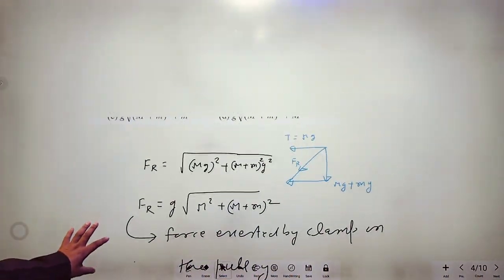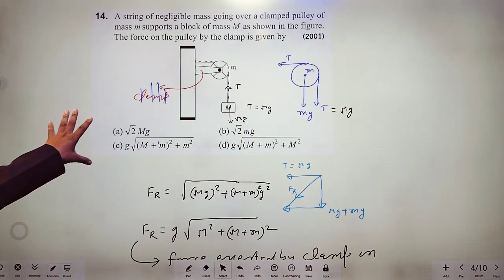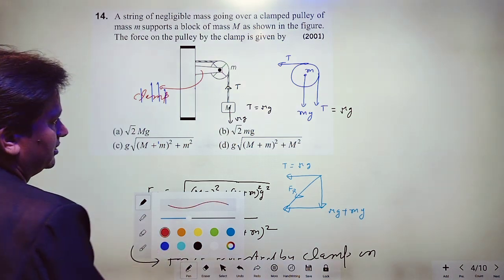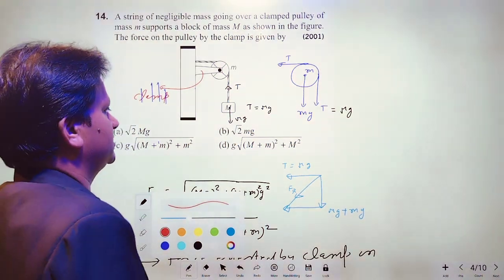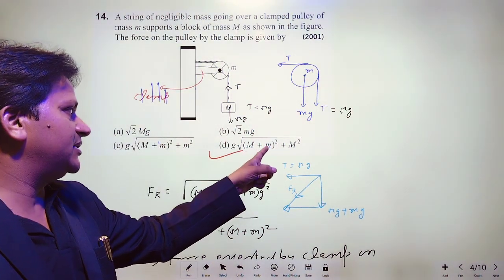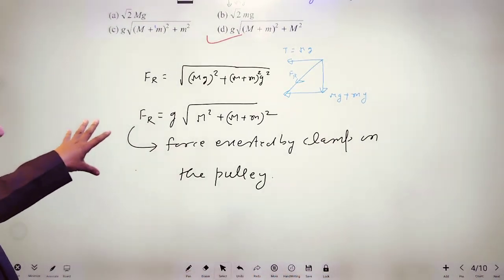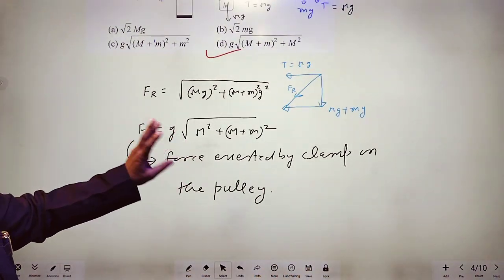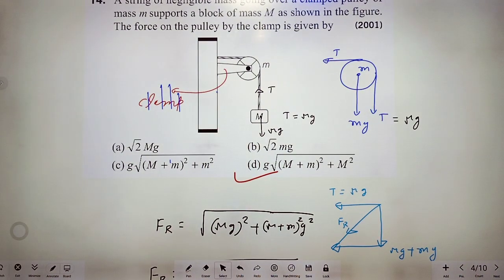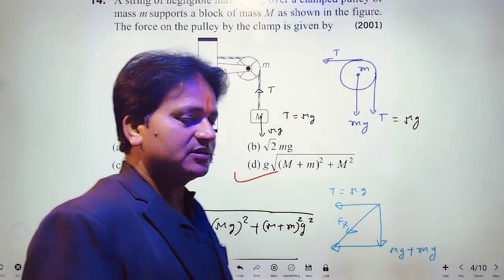Which is correct? g outside of the root and capital M square plus m whole square. This. D option is the correct option.